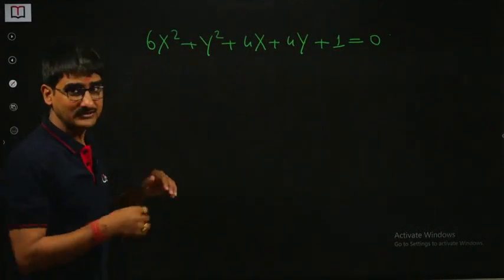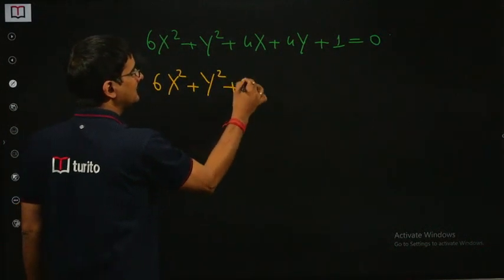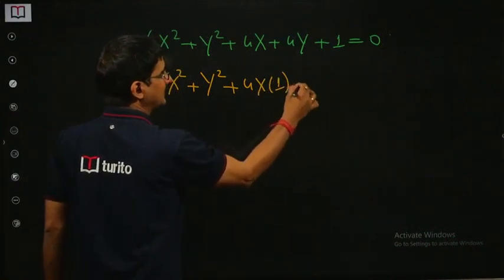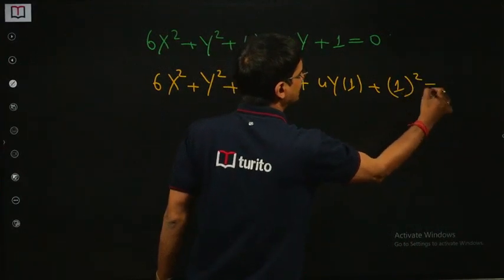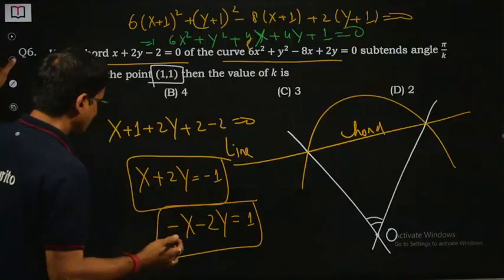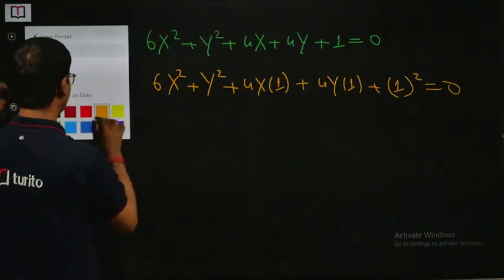So now how do we homogenize? We don't disturb the second degree term, but multiply the first degree term by 1, and the constant by 1 square. Wherever you have 1, you will replace it with what we have in the line, which is minus X minus 2Y.